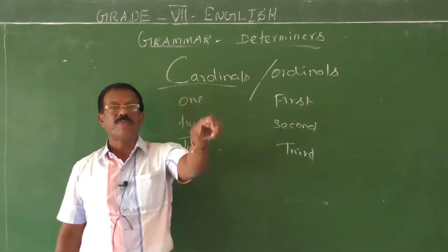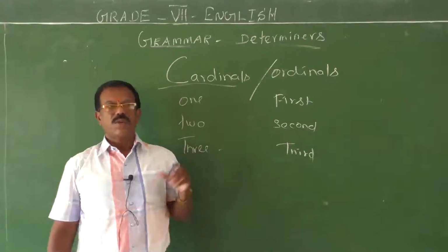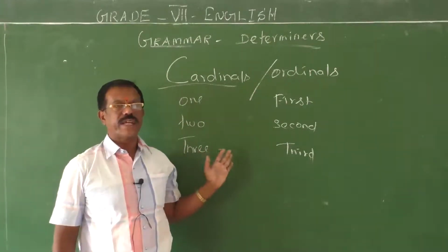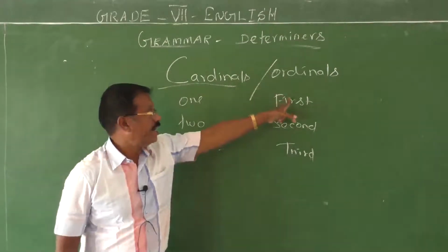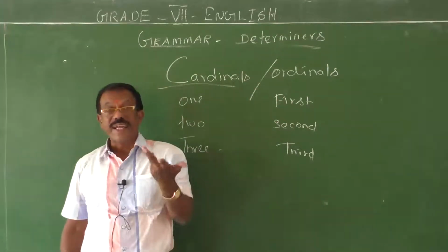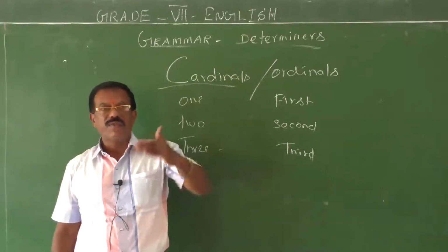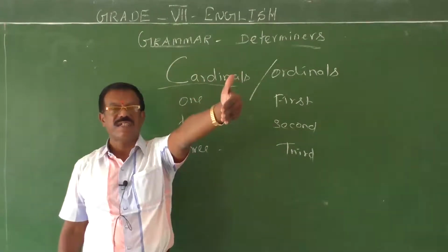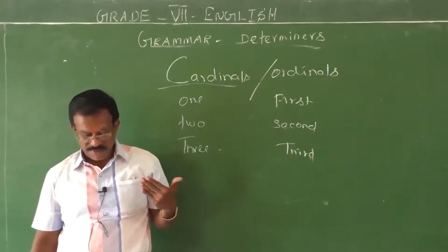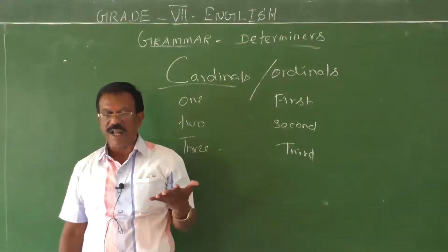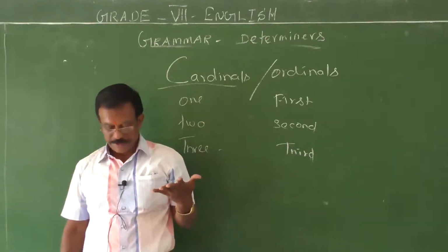We use cardinals to refer to exact quantity. We use ordinals to refer to rank, position, or where something is placed in the sequence. They are used after the definite article or after a possessive.